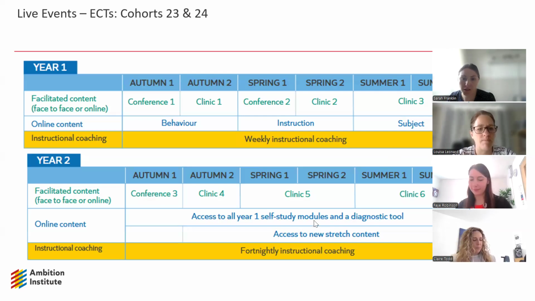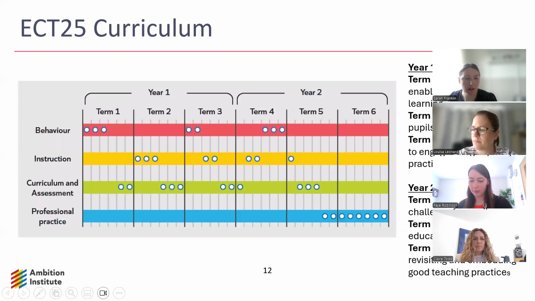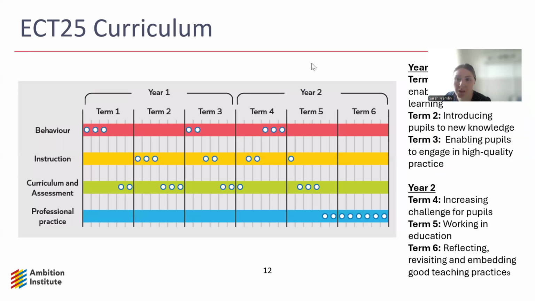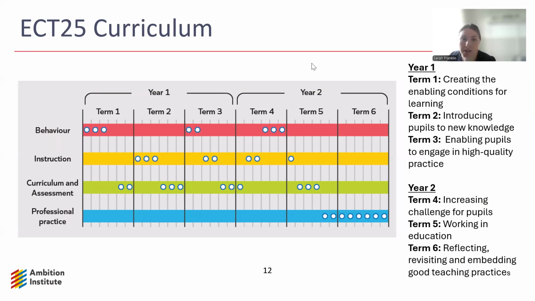Perfect. Okay. So I'm going to start talking about ECT 25 now and how that's different to the older programme. This is a diagram to show how the curriculum works for ECT 25.